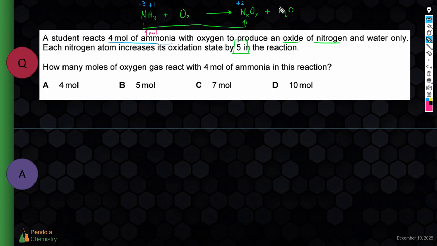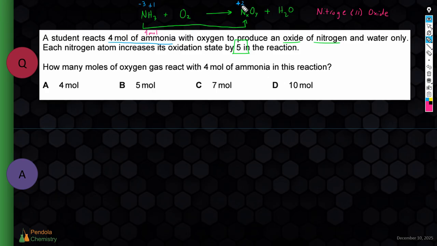Because remember, these oxidation numbers are going to have to match. Meaning we know these nitrogen oxides, we know that this is going to be nitrogen 2 oxide, because the oxidation number is 2. We know oxygen is -2.